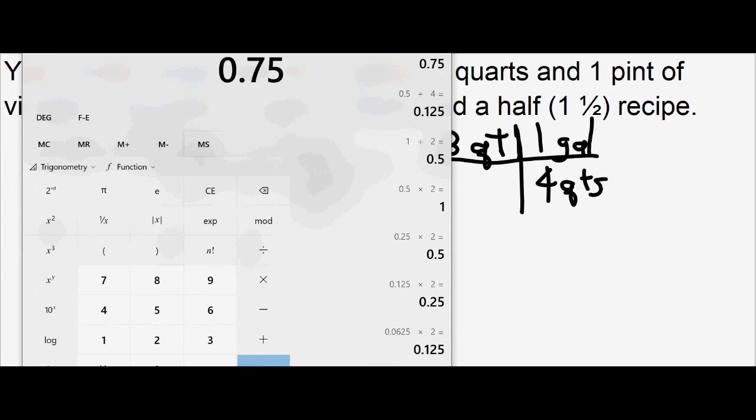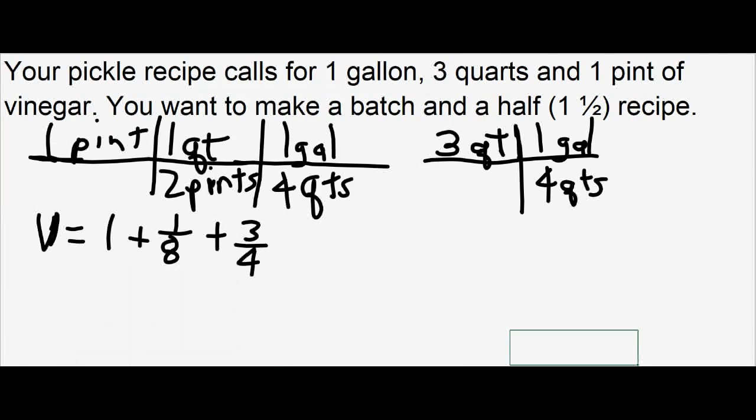And so now I can take my 0.75, I can add my 1 gallon. And now I'm going to add my 1 pint, which I put in memory recall. And so now I have the number of gallons, 1.875.